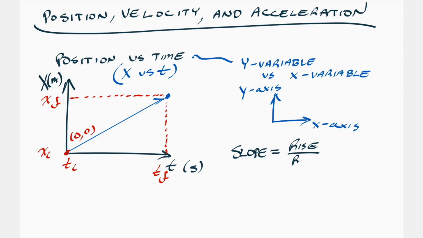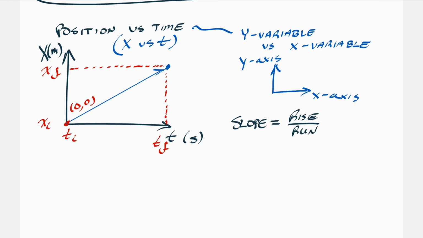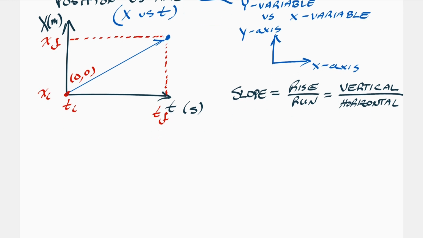Rise over run, or in other words, it's your vertical distance traveled divided by your horizontal distance traveled. And when I say distance, I just mean how far did you go on the graph, not necessarily something in meters or whatever, although in this case, it will be a distance for the vertical. So we have vertical divided by horizontal.